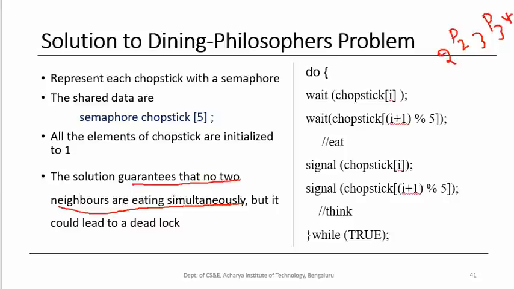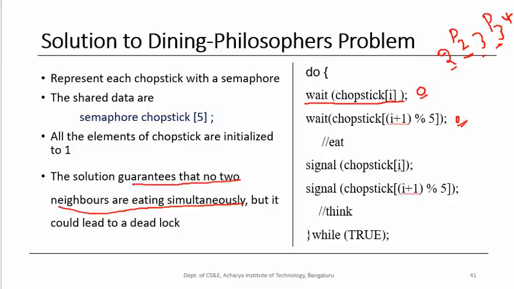Now either P2 or P3 will first pick up chopstick 3. Let us assume wait on chopstick of 2 for P2 is successful, and chopstick of 2 is made 0. That semaphore is made 0. And similarly chopstick of 3 is also made 0, right?